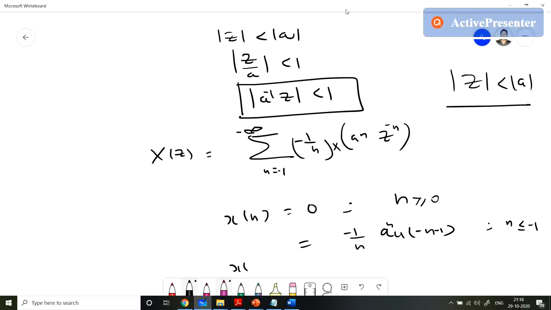So finally x[n] is equal to minus 1 divided by n a raised to the power n u[minus n minus 1], and the ROC is modulus of z is less than modulus of a.